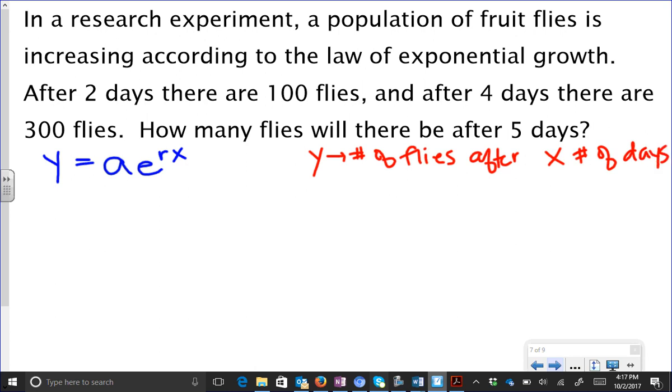And if that's the case, then we can say, all right, after 2 days, there are 100 flies. So I put 2 in for x and 100 in for y. Also, there are 300 flies after 4 days.